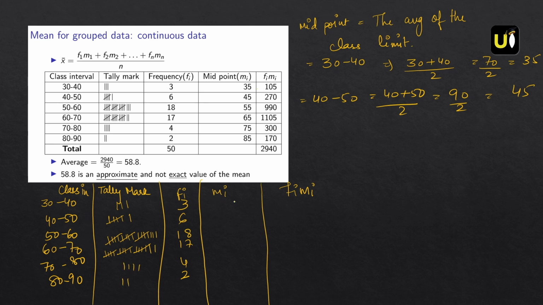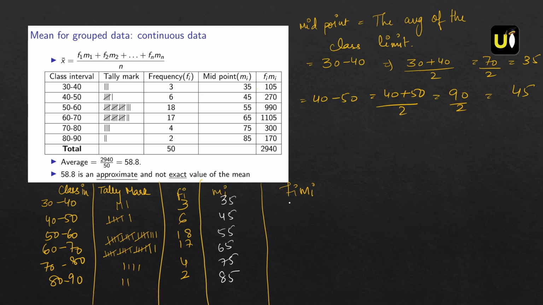So here the midpoint will be, I already told you how to find the midpoint. So here this is 35, 45, 55, 65, 75 and 85. Okay, so fi into mi.